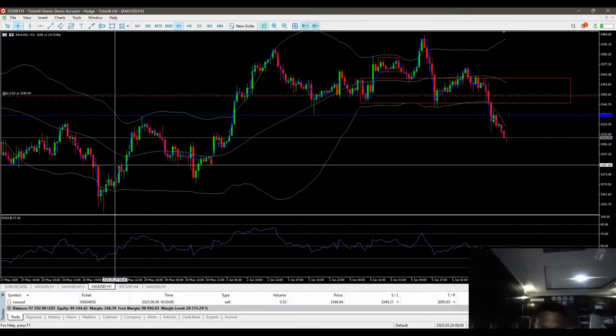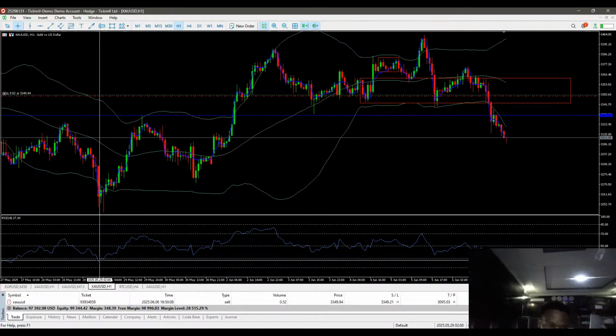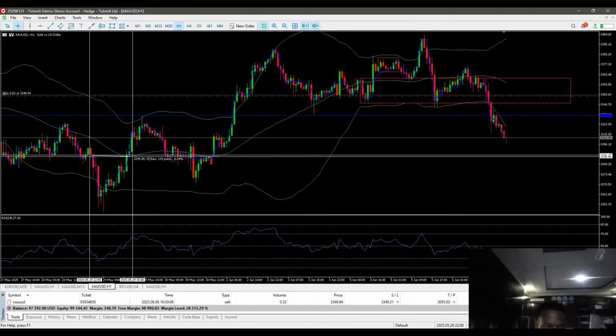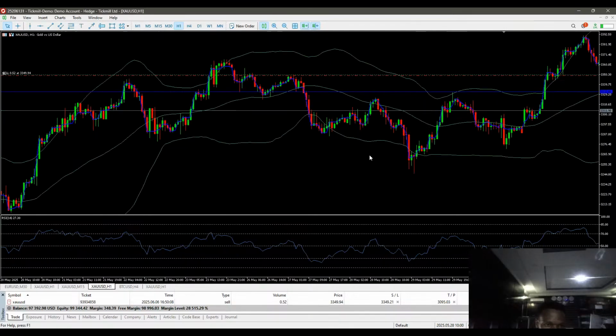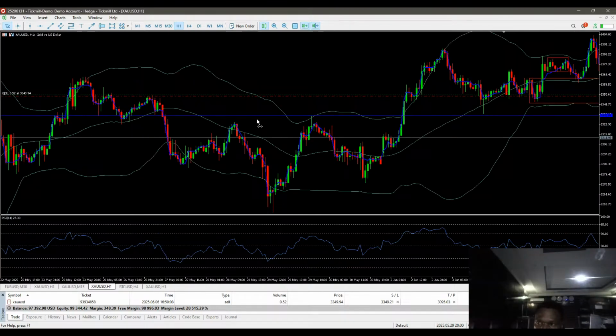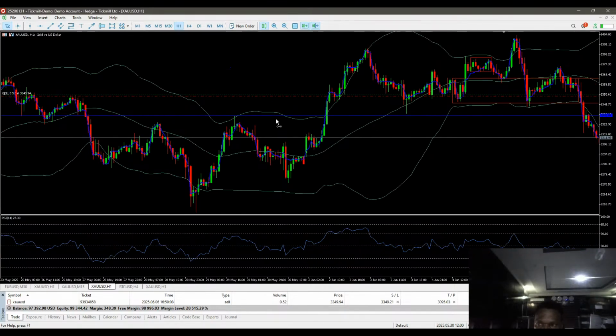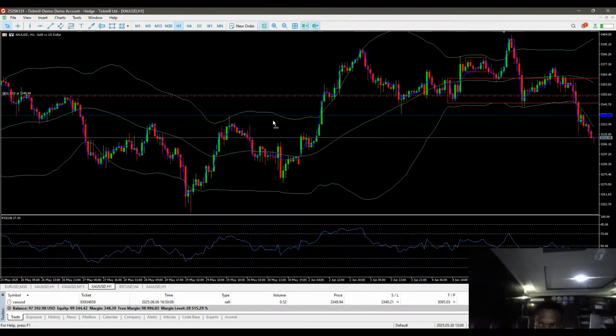And to make it much better, you can take 70 and above for sell, 30 and below for buy. If you are using 30 and below for buy, you can see this gives a good buy signal, right? If we drag it to the back, let me leave it this way.